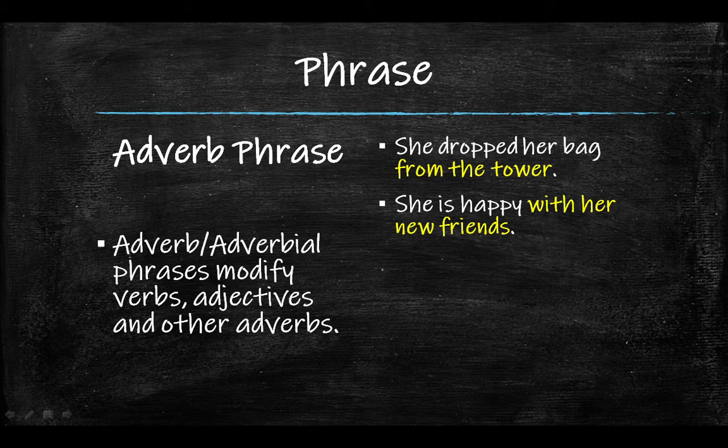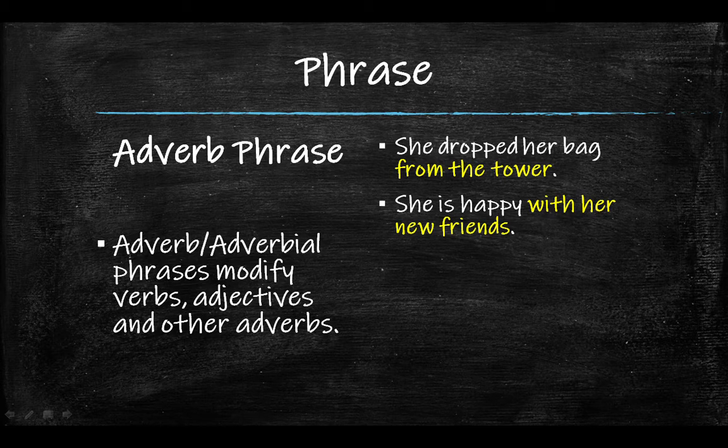She is happy with her new friends. She is the subject, is is a linking verb, happy is the complement, and happy as a part of speech is an adjective modifying she. Happy, happier, happiest. Adjectives have got comparative and superlative degrees. We know that. And happy is an adjective of quality, describing the quality of a noun.